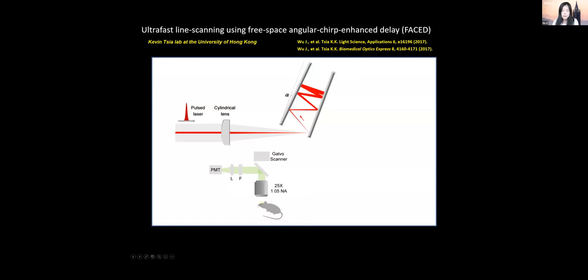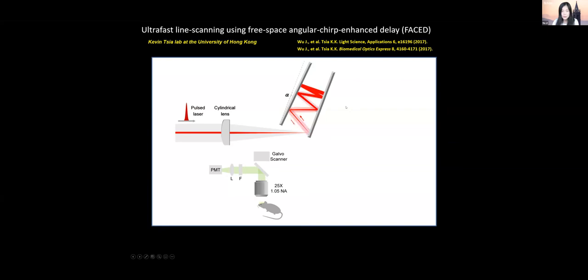And if the mirrors are perfectly parallel with each other, it will keep reflecting and go out from the other side. But because of this very small angle alpha, at each reflection, the incidence angle is reduced by the same amount. And eventually, it will become perpendicular to one of the mirrors.